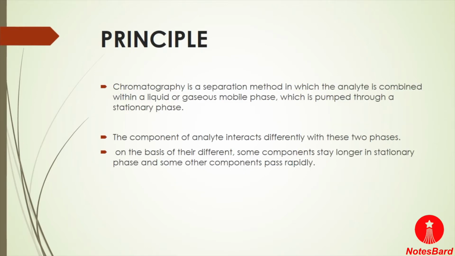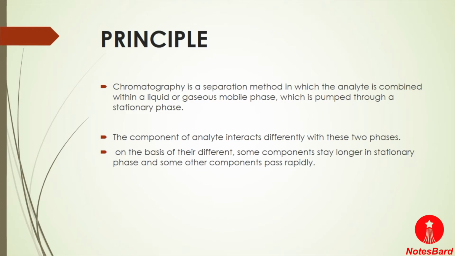Before moving to the different types of chromatography methods and their procedures, let's understand the principle of chromatography. Basically, chromatography is a separation method used to separate and identify different pigments or components present in a sample mixture.